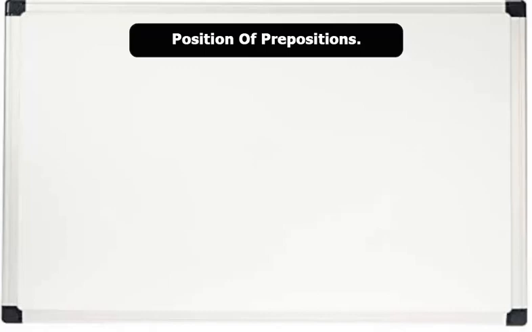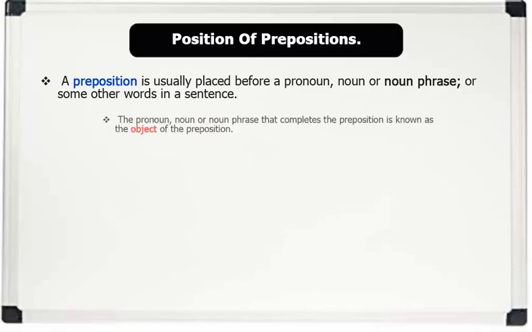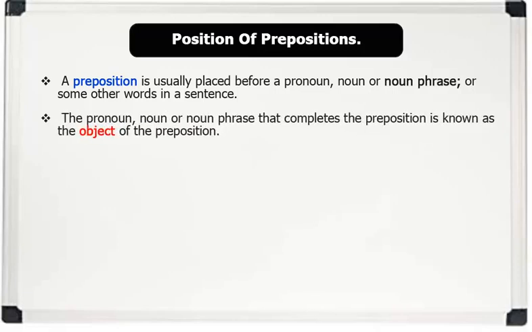Position of prepositions. A preposition is usually placed before a pronoun, noun, or noun phrase, or some other words in a sentence. The pronoun, noun, or noun phrase that completes the preposition is known as the object of the preposition.